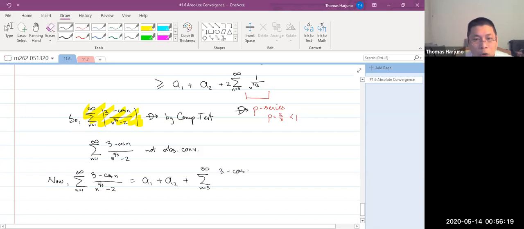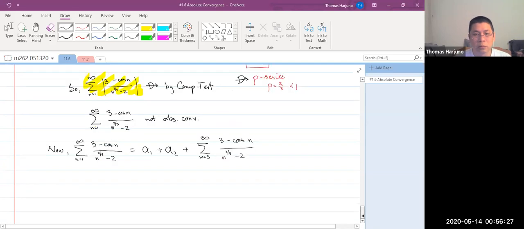Notice that the argument I used above still applies even without the absolute sign. Notice that this is greater than or equal to the first term plus the second term plus the summation on the top here, 2 over n to the power of 2/3 minus 2.